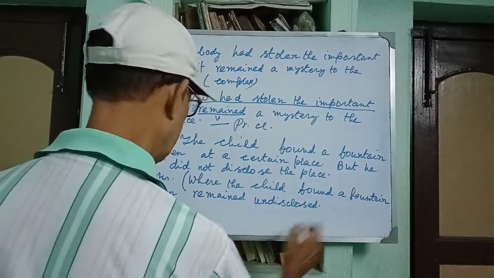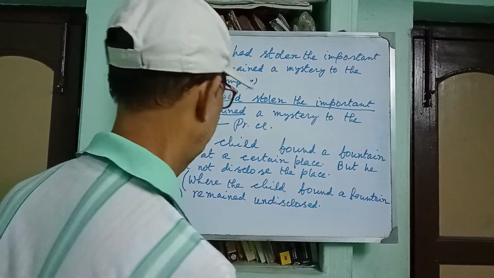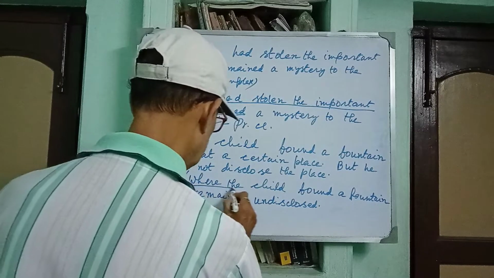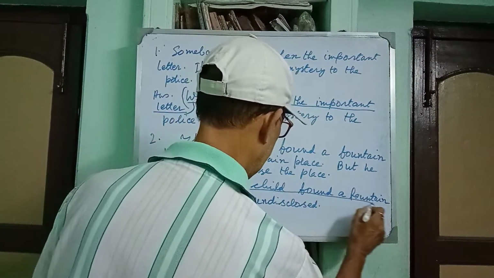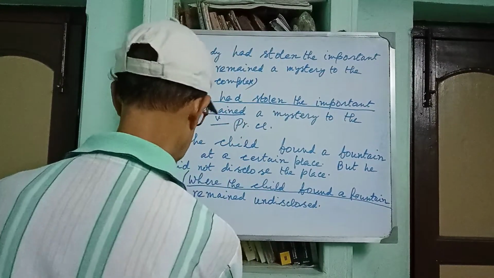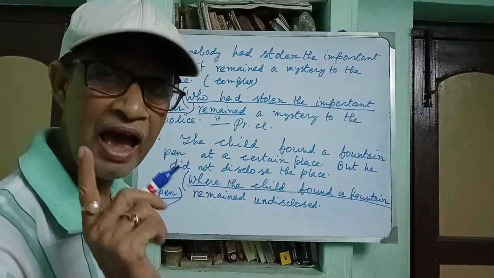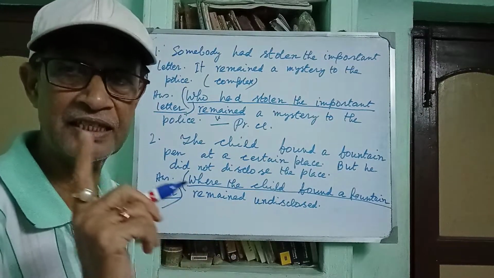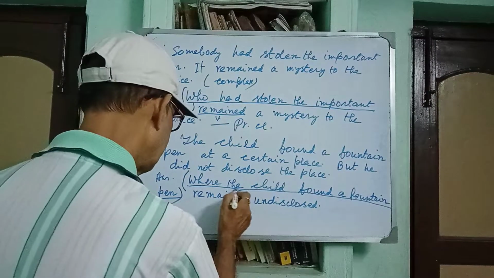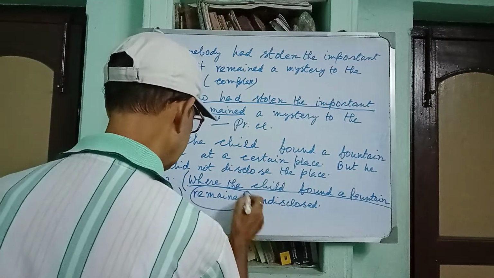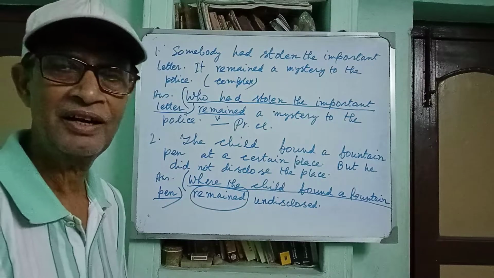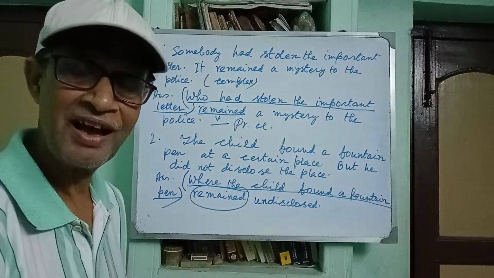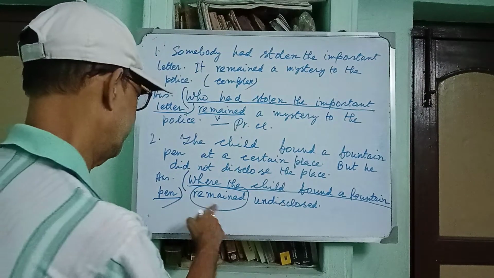where the child found a fountain pen, this portion of the sentence is acting as the subject. This clause is acting as the subject to the verb remained. So, it is the noun clause and subject to the verb remained.